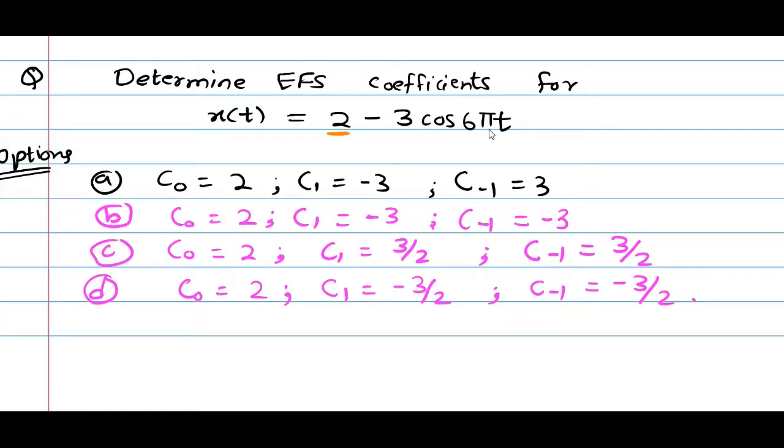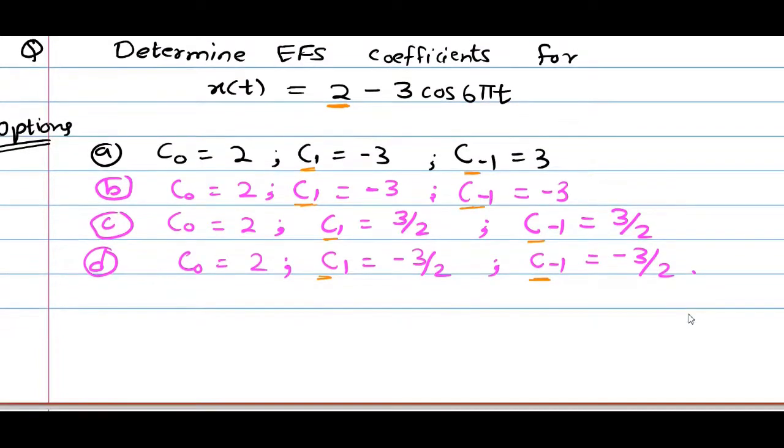Only one frequency is present, so definitely we will get only C1 and C minus 1, and in all options they are present. So we have to determine this coefficient value, whether it is minus 3, 3 or minus 3, minus 3, 3 by 2, 3 by 2, or minus 3 by 2, minus 3 by 2. We have to identify the correct option.